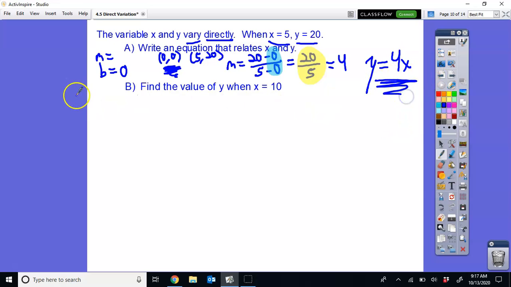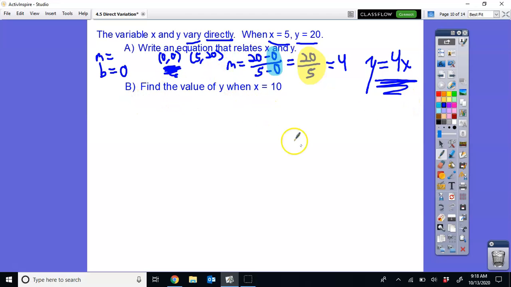Don't put a plus b because the b is 0. So it's the same thing that we've been doing all week last week. The only difference is finding the slope on these is actually really quick because all you have to do is find y divided by x, because for every point, the y value is equal to the slope times the x.